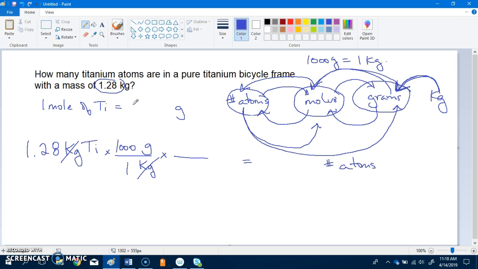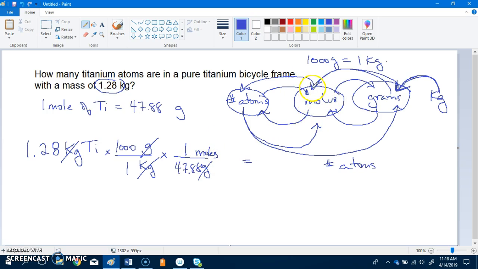Titanium is element number 22, so that's 47.88 grams. When I put that into the conversion factor, I want to convert from grams to moles. I want moles on top, grams on the bottom, so 1 mole is equal to 47.88 grams. Grams cancel out. Now I've got moles.